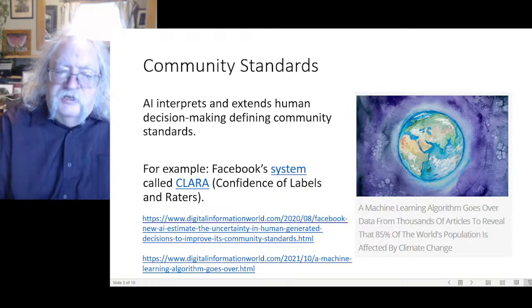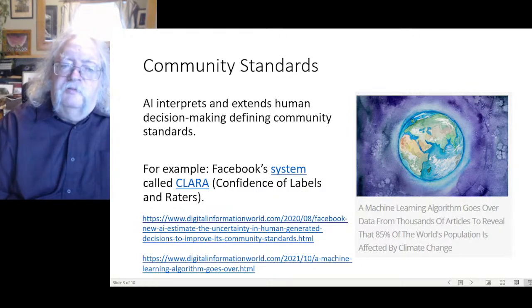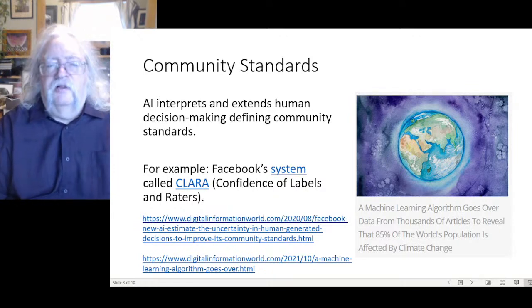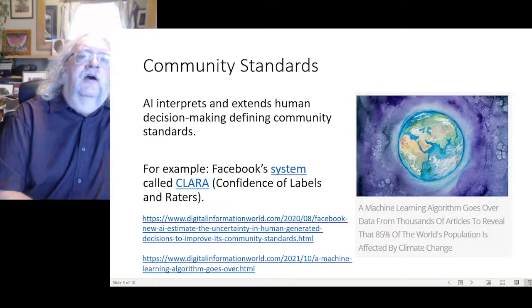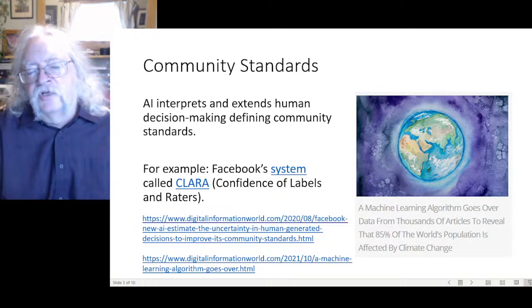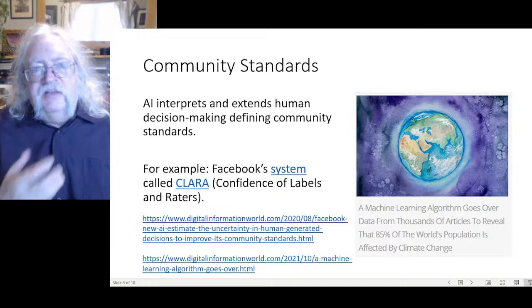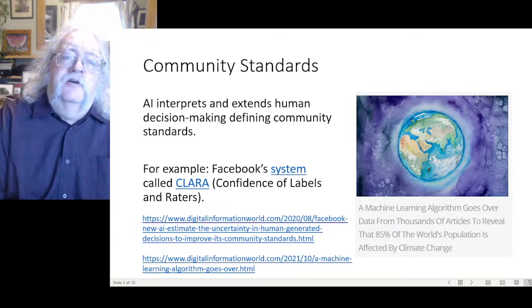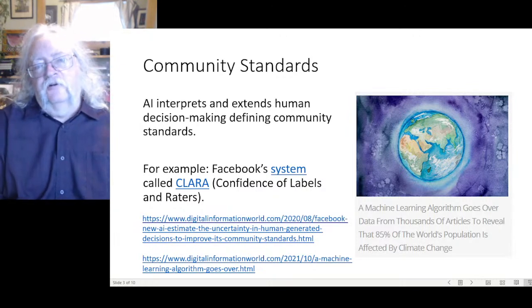In other words, what people think should be the standard gets interpreted perhaps slightly differently by the AI, and what the AI interprets the standard as being now becomes the new standard. Any deviation by the AI from what is actually the standard becomes the new standard.